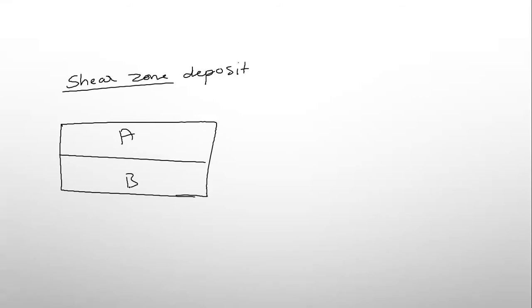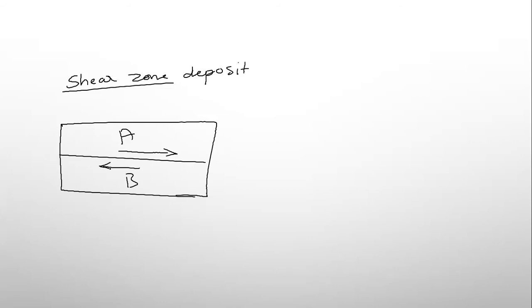In plate tectonics, you must have heard about the plate boundaries: transform plate boundaries, convergent plate boundaries, and divergent plate boundaries. We are considering transform plate boundaries, wherein one plate will move towards this side and one plate will move towards this side, parallel and opposite to each other.